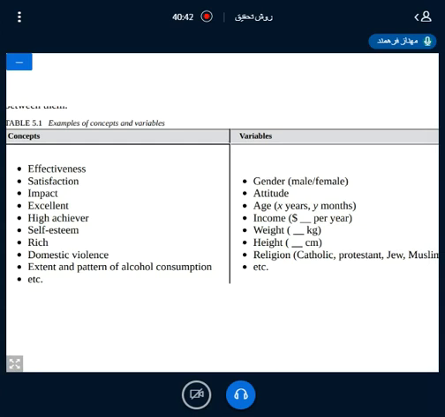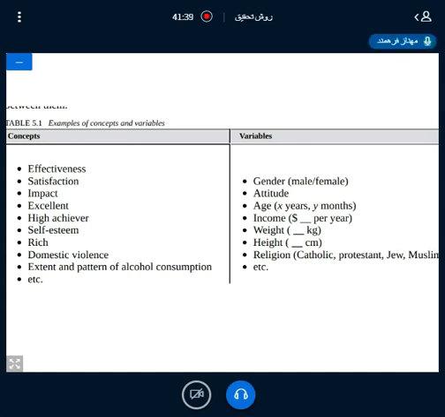Age is a variable too, X years, Y months, income, dollars. Another variable you can see in many research is weight, and height, which can be measured by centimeter.